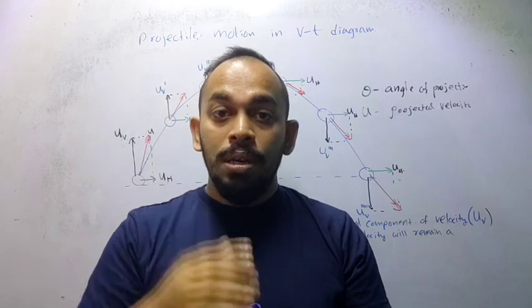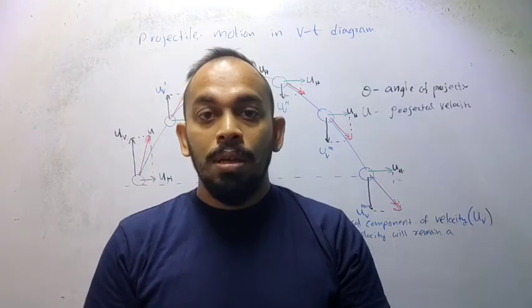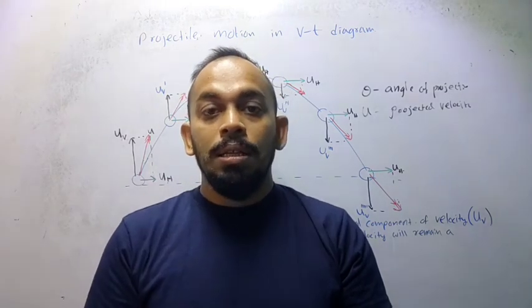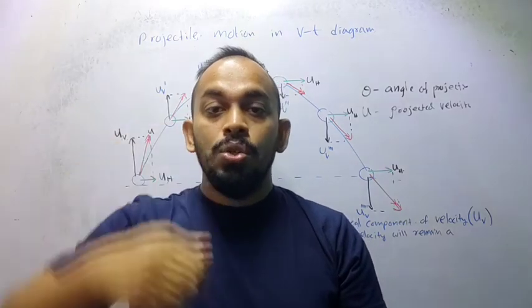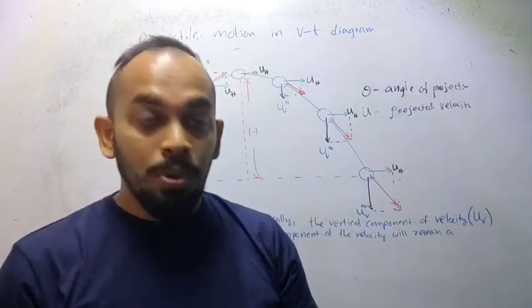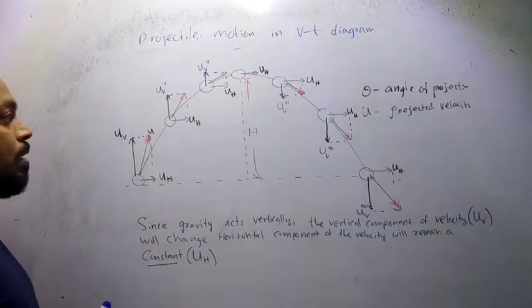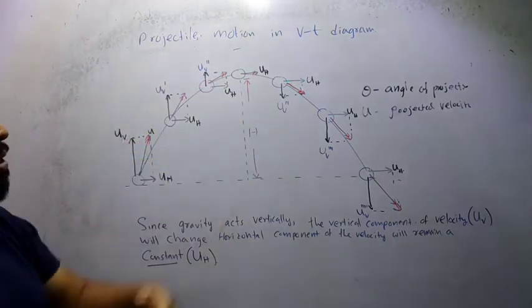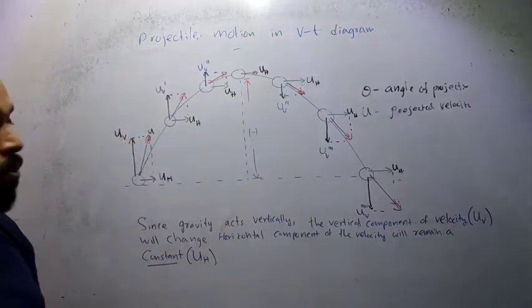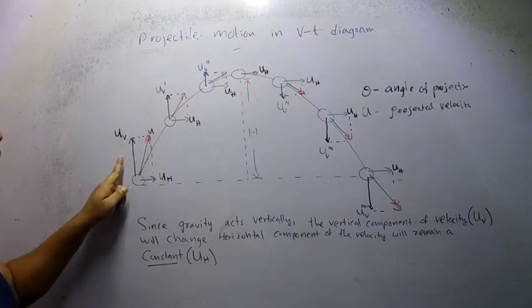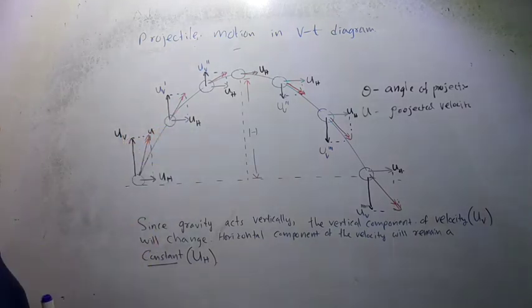In the horizontal direction, there is no acceleration. In the vertical direction, there is acceleration towards the earth, the gravitational pull. We will do calculations using equations later, but for now you should note that the vertical component will be influenced by gravity.